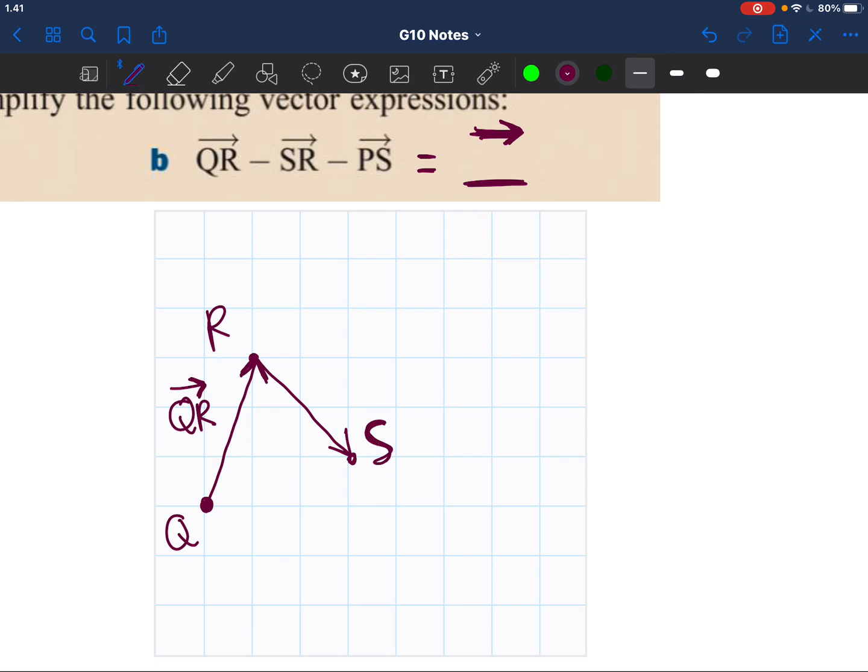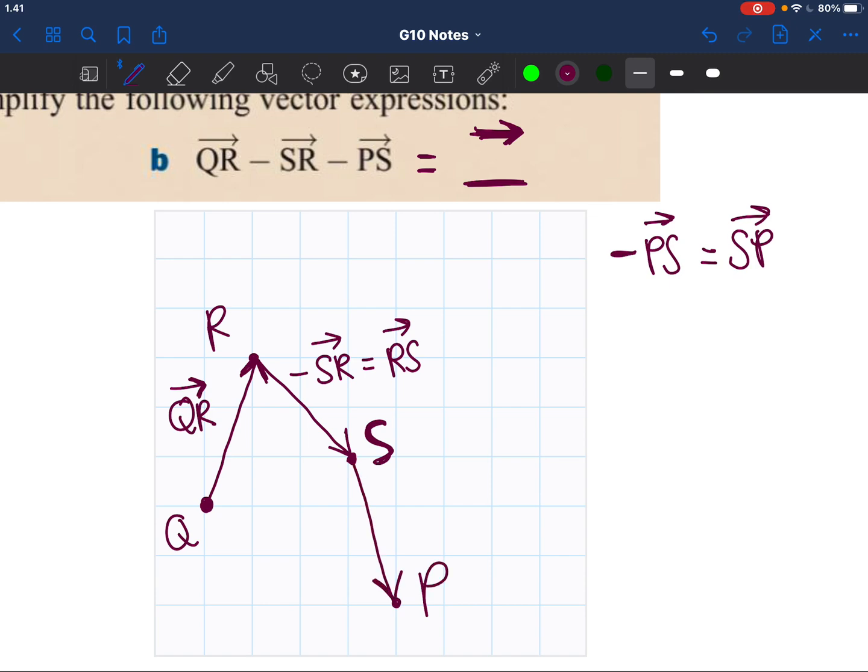And then it says also minus PS. As you can guess, minus PS, or the negative of PS, is the opposite direction, right? So it'd be SP. So that means we have another point.